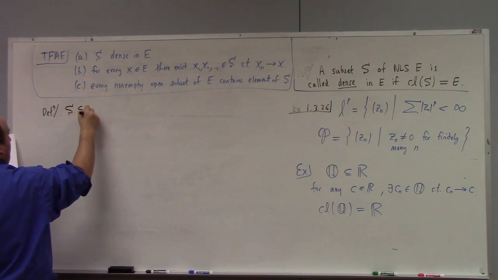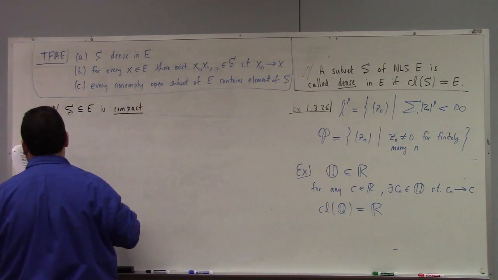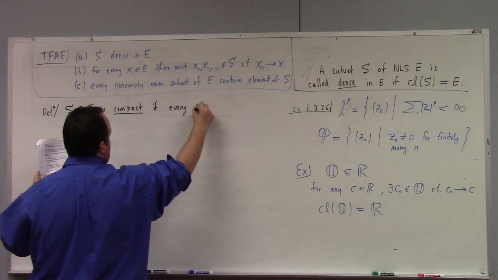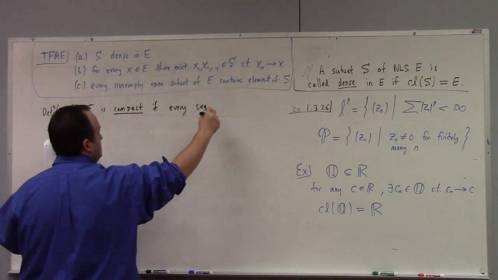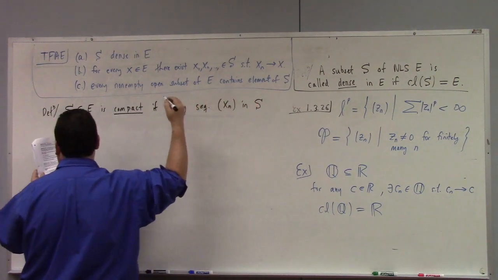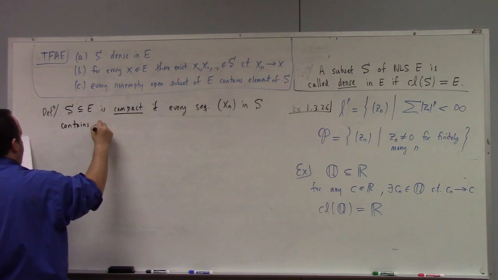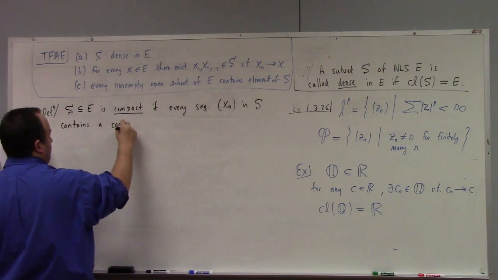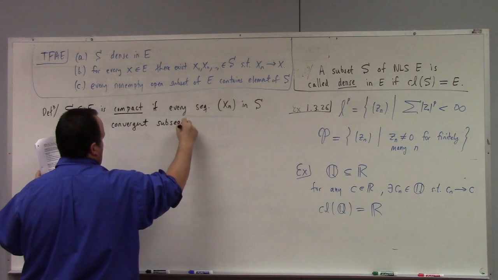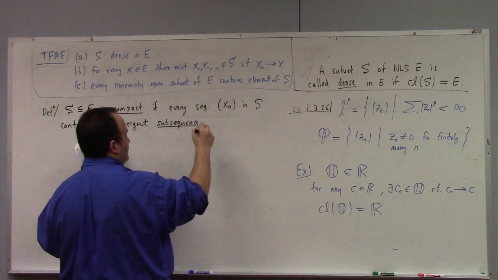S, a subset of E, is compact if every sequence x_n in S, now this is a little slippery, contains a convergent subsequence whose limit belongs to S.